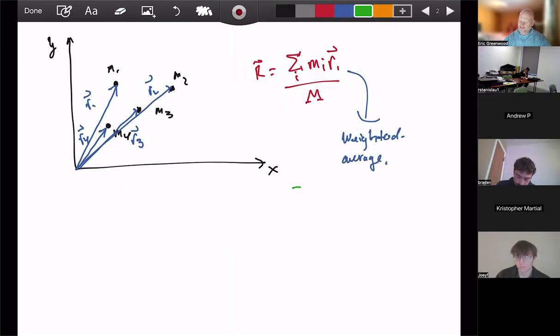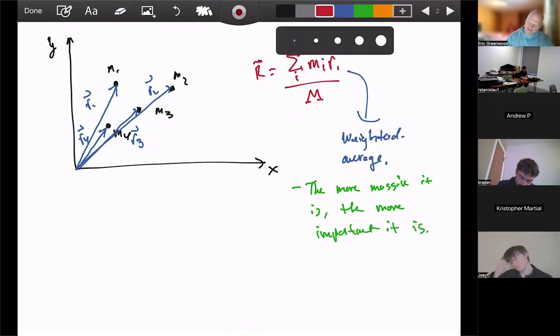I know we talked about this in 205 before, but all this says is that the more massive an object is, the more important it is.